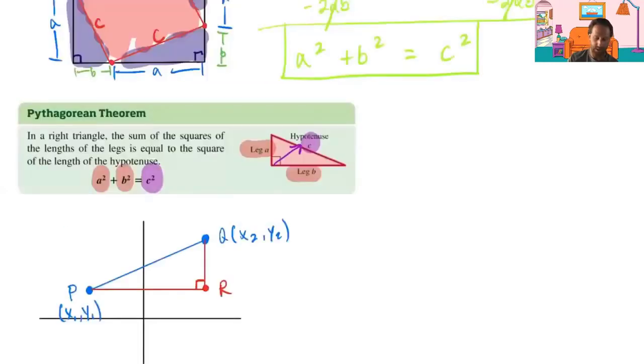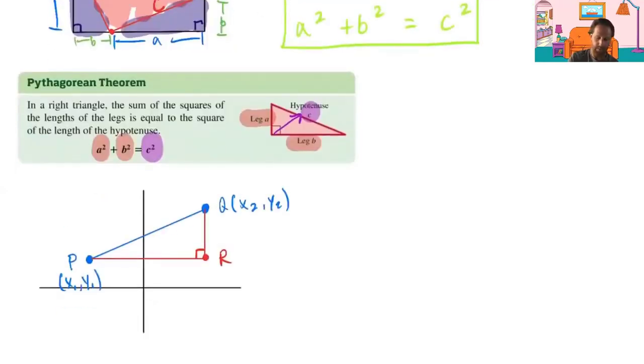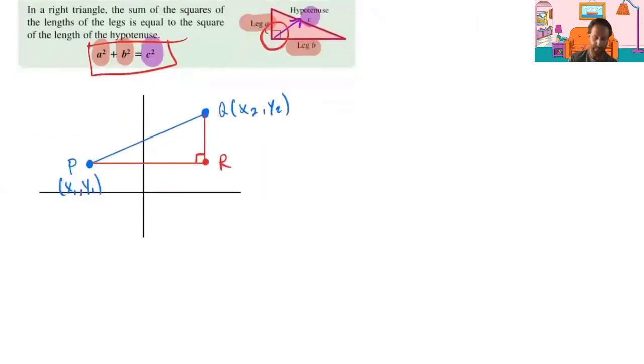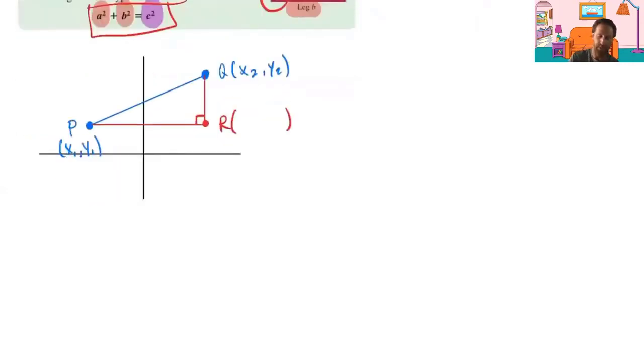Now, that's one key thing about the Pythagorean theorem. We have to have a right triangle in order to use this formula, which we will utilize here in just a minute. But can you give me the ordered pair for that other third point that we created, R, between P and Q?